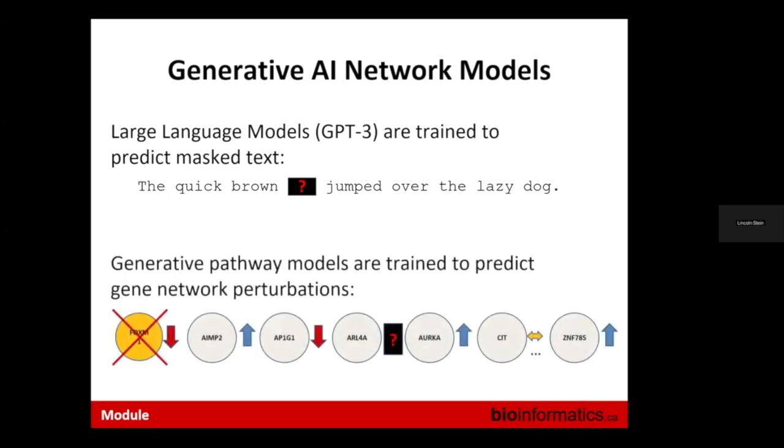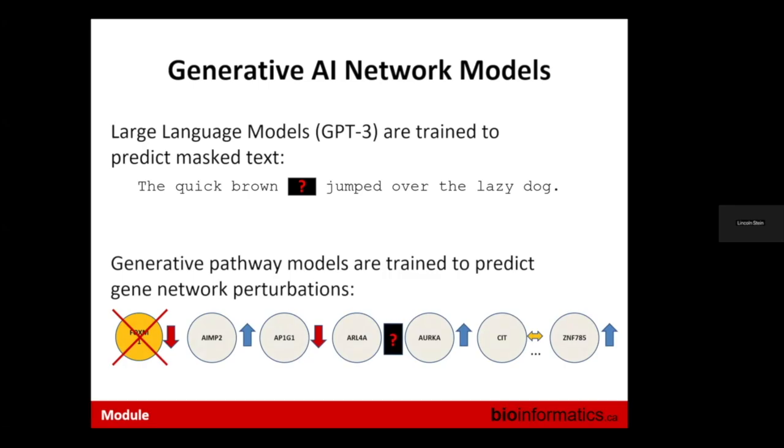Well, you can do exactly the same thing, but with gene networks. So you start with a large set of RNA sequencing experiments, and people particularly like to use single-cell RNA-seq because you've got lots and lots of data there. And you apply a perturbation. So you use a CRISPR inhibition or activation to change the cell state.